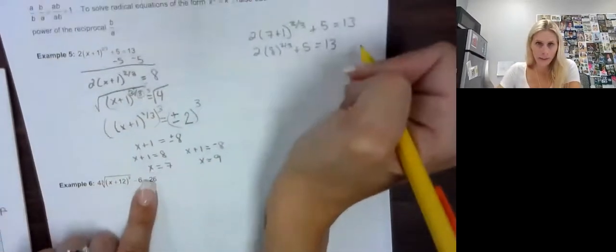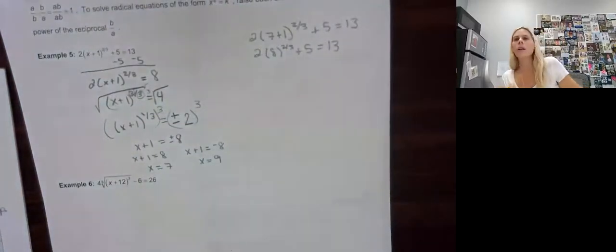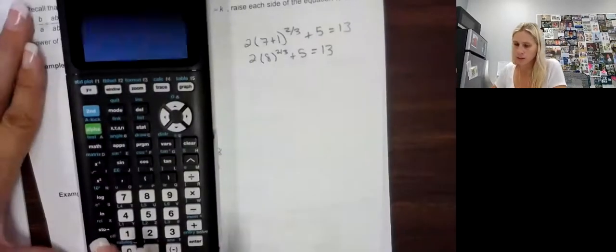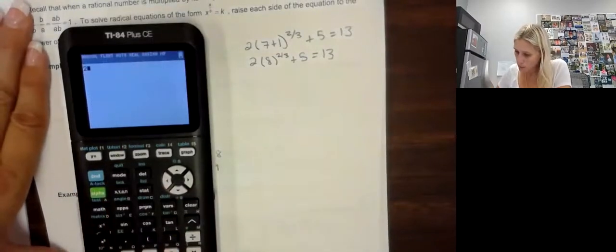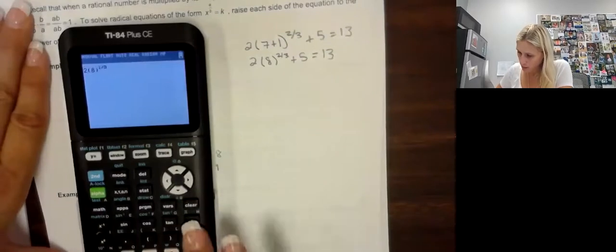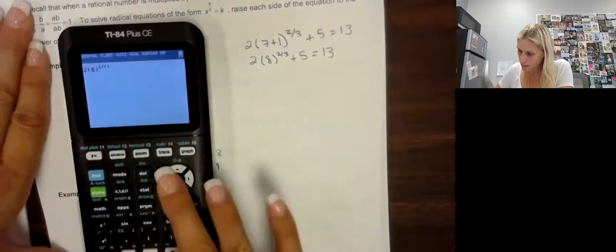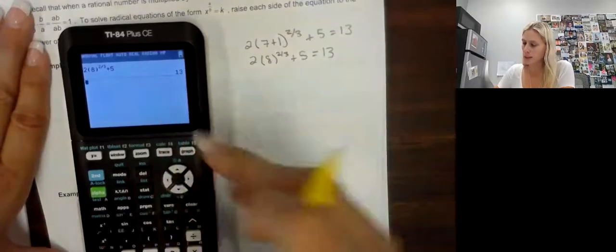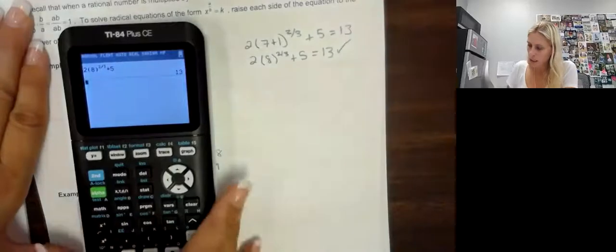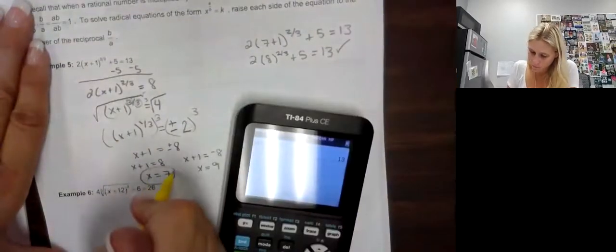I'm going to show you guys how to do this on your calculator, just so it's easier to check our answers, okay? So 2 times 8 to the 2/3 plus 5 equals 13. So yes, that works. So 7 works.